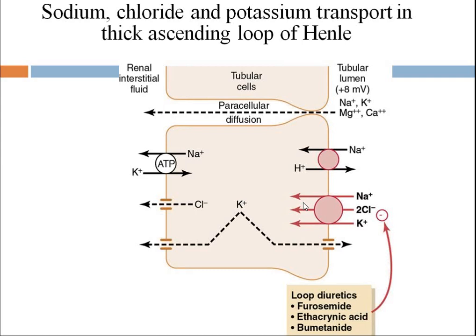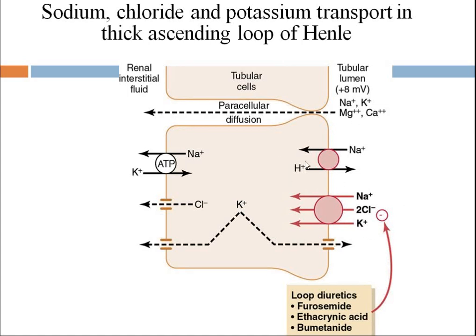Because of this particular channel, and you know what is driving this channel also, this primary active transport, which is taking place at the basolateral membrane. Due to this, the sodium is driven in, and along with it, there's a channel which transports 1 potassium and 2 chloride ions along with 1 sodium ion. So these ions also move inside. Now, out of these ions, chloride will pass out from the cells passively, while some amount of potassium will pass out, and some amount of potassium will also be secreted back.